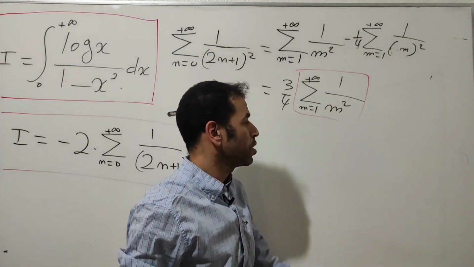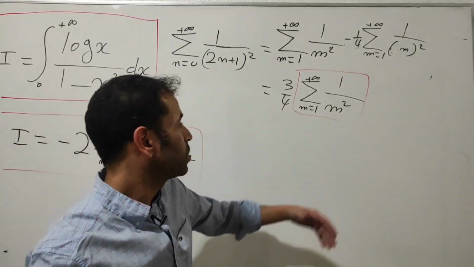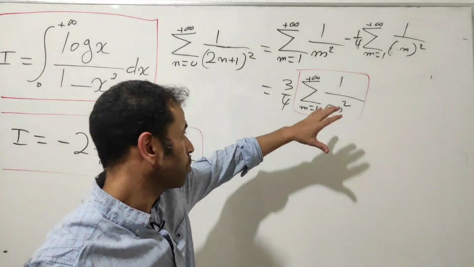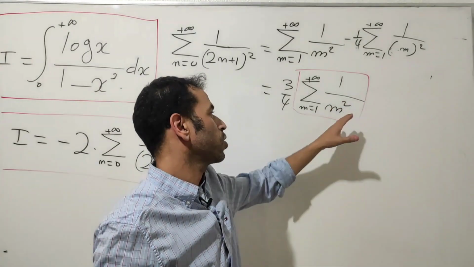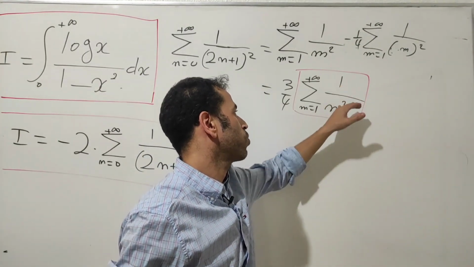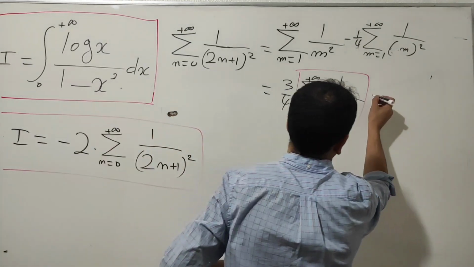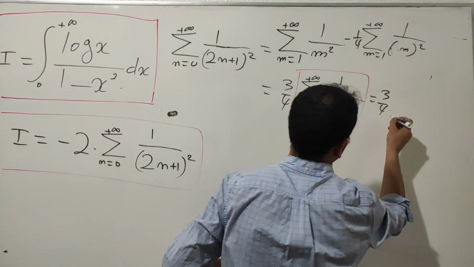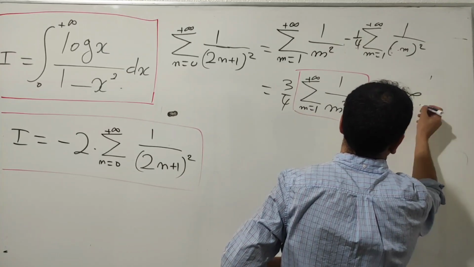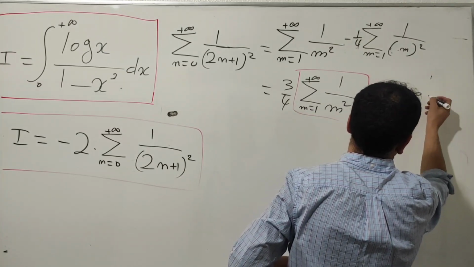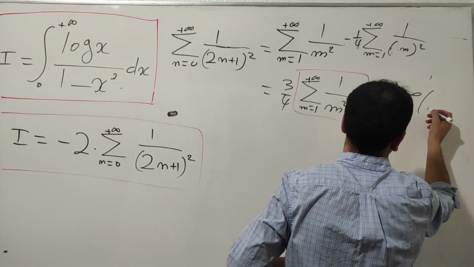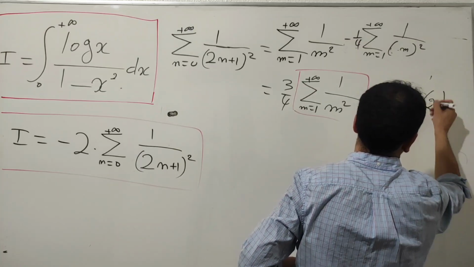Or you can use the Riemann zeta, okay? Riemann zeta is a more powerful tool you can use because you can deal with any exponent of 1 over m to the s, whatever. So this one equals 3 over 4 times the Riemann zeta function evaluated at number 2 here, okay?